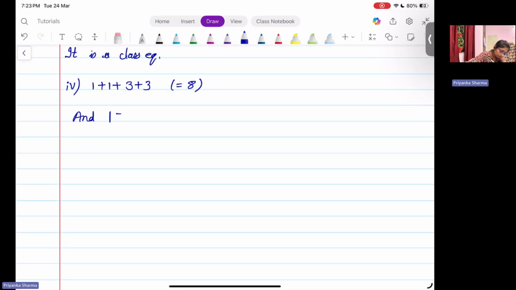And the order of the center of G is 2, which is less than the order of G. Therefore, G is non-abelian, first of all.